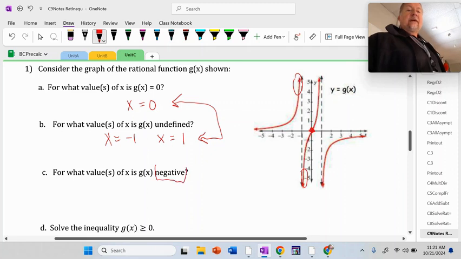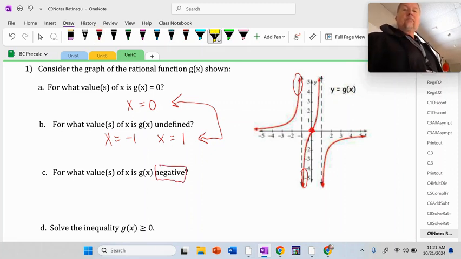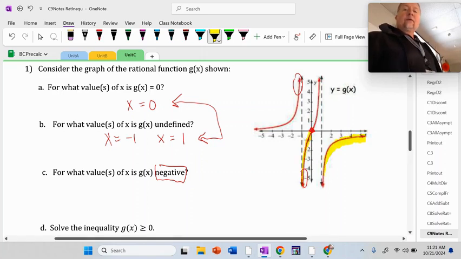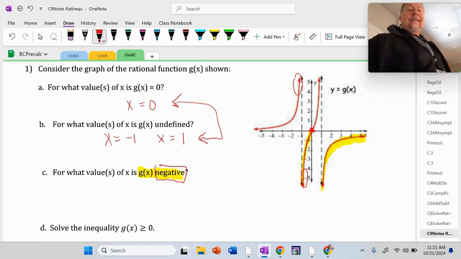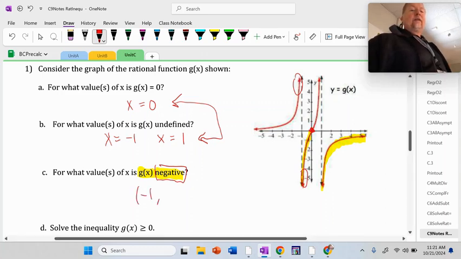Okay, so where is g of x negative? Well, is that above or below, everyone? Below. So maybe I'll grab the highlighter now and highlight where the y's are negative. Well, I want the x's though. So the x's that make it negative are not at -1. -1 is undefined.